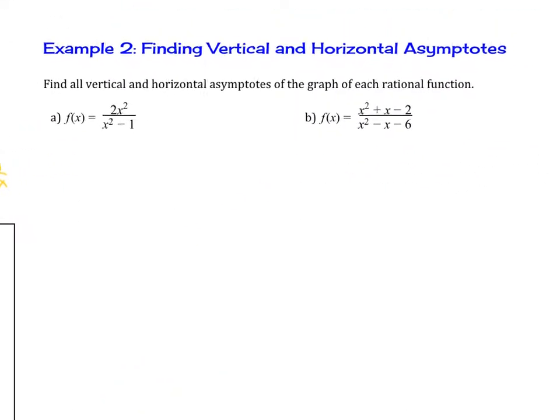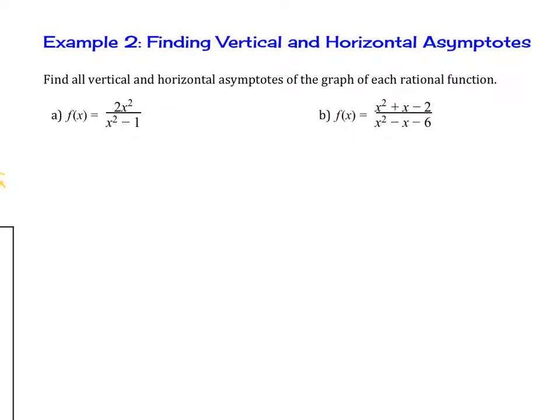Example 2, finding vertical and horizontal asymptotes. Find all vertical and horizontal asymptotes of the graph of each rational function. So letter A, we know that the degrees are equal, 2x squared over x squared. In this case, our horizontal asymptote is going to be the ratio of the leading coefficients of the numerator and denominator.